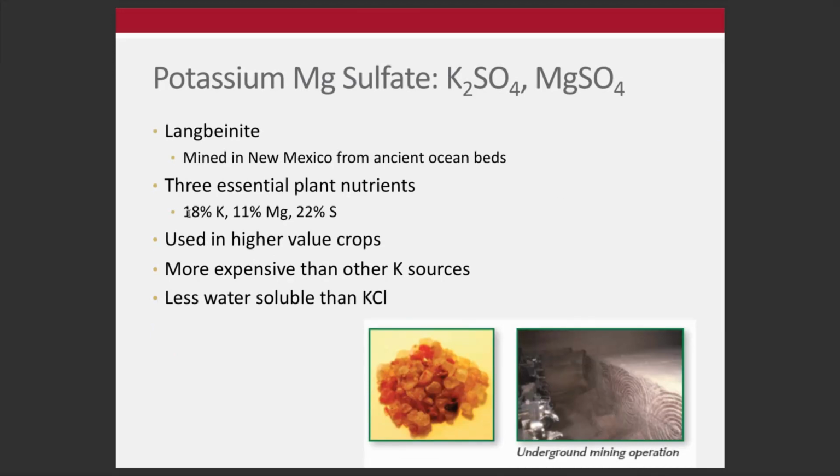These can again be mined through various processes, but it's from underground mines that used to be ancient ocean beds, mining these salts out. 18% potassium, 11% magnesium, 22% sulfur on average. Typically used in higher value crops, again, more expensive and less soluble than KCl.